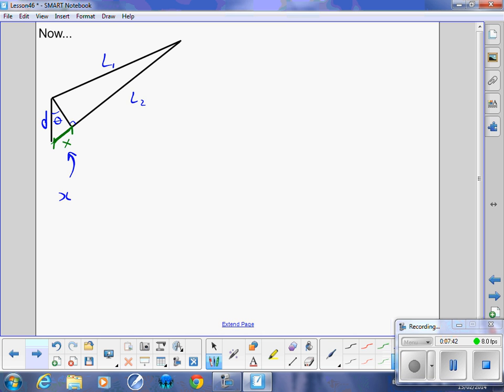So x is the path difference. It's how much farther the wavelength has to go to get to the same starting point as L1. So that's how much extra L2 has to travel before you get going. So that tells me that x is going to equal L2 minus L1.